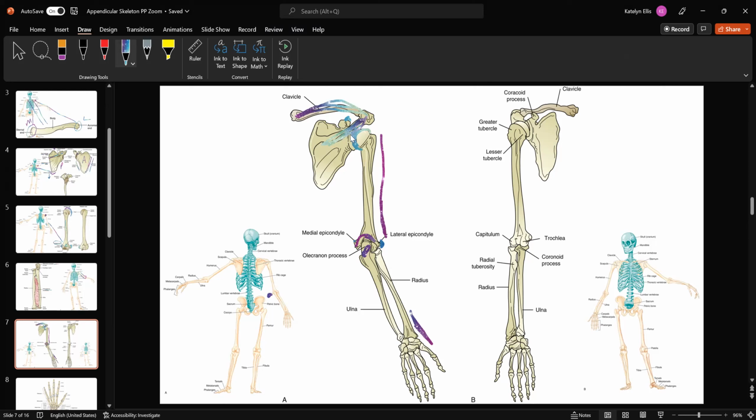It doesn't have all these notches and fossas and spines for a variety of those big thick back muscles to attach to, because on this side we want to be nice and smooth for gliding over the back. Here's the greater tubercle of the humerus and the lesser tubercle.